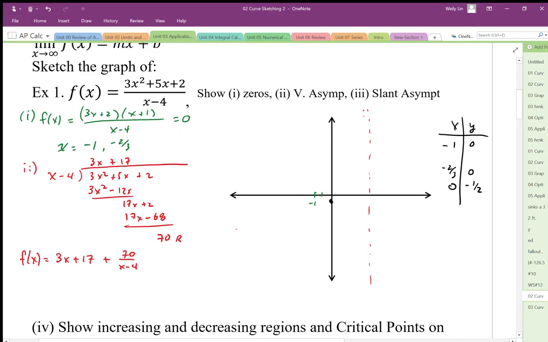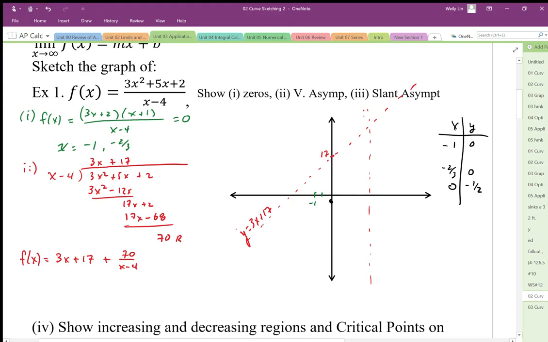Okay, so I'm going to draw that in. Let's kind of draw it in like this. So this is going to be y equals 3x plus 17. Okay, so let's say that's about 17 there.